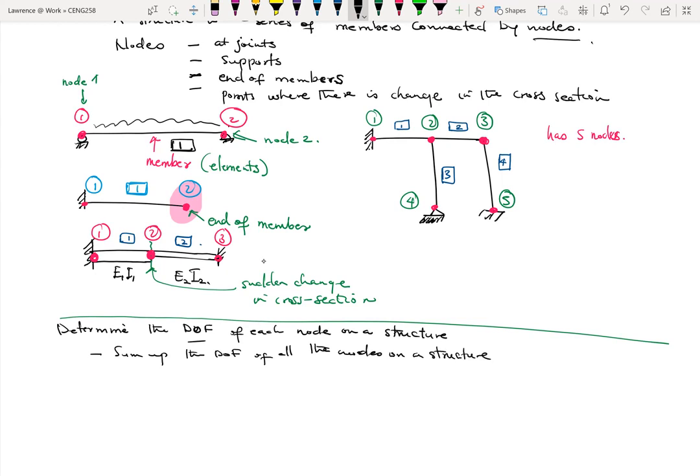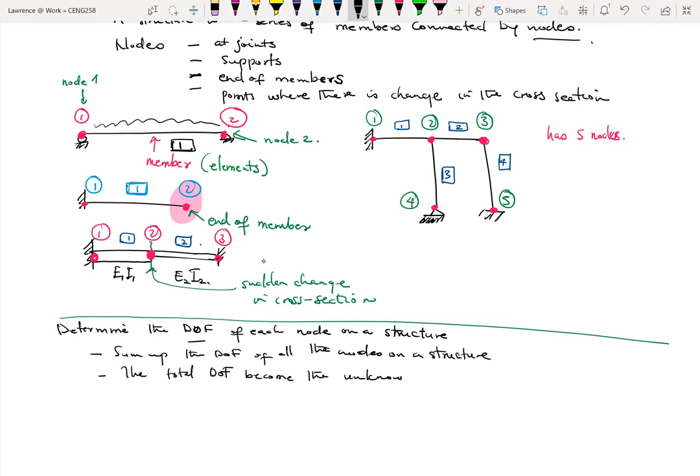Okay, so once we do that, these then become the unknowns, all right? So the total degree of freedom becomes the unknowns.